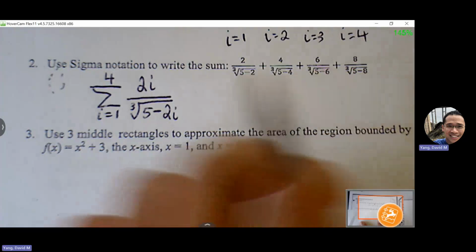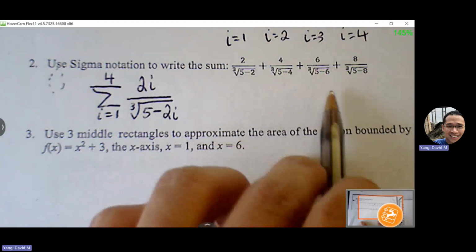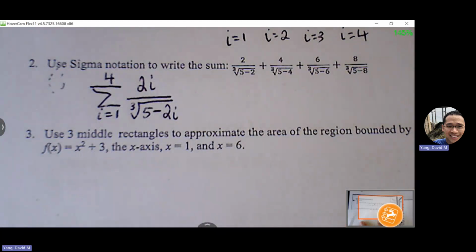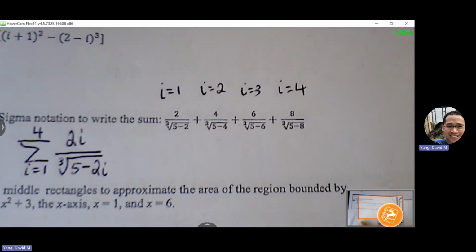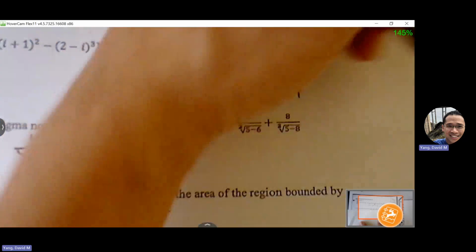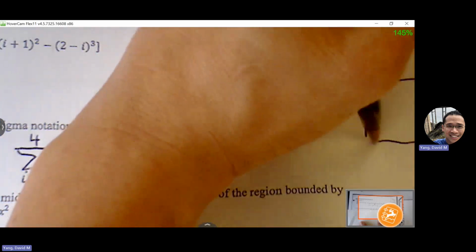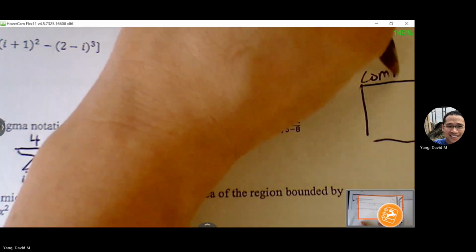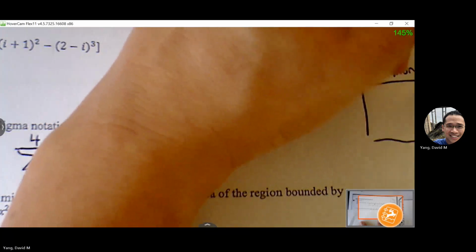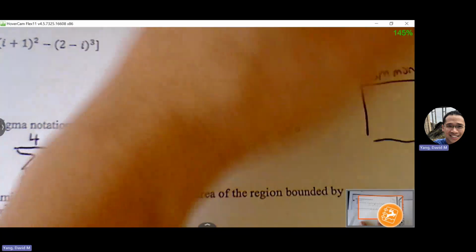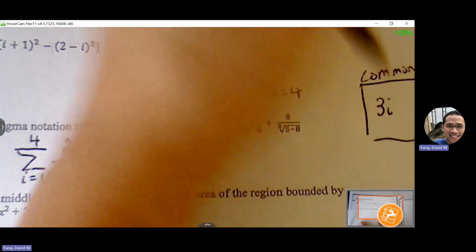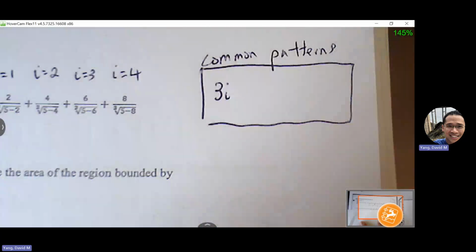Not necessarily. They may follow a different pattern, and we may have to create a pattern for each term. So let me show you some of the common ones that could show up. Some common patterns could be just a matter of multiplying by a coefficient to create that pattern.